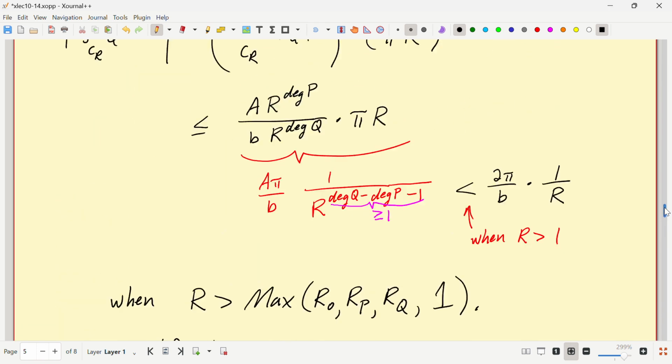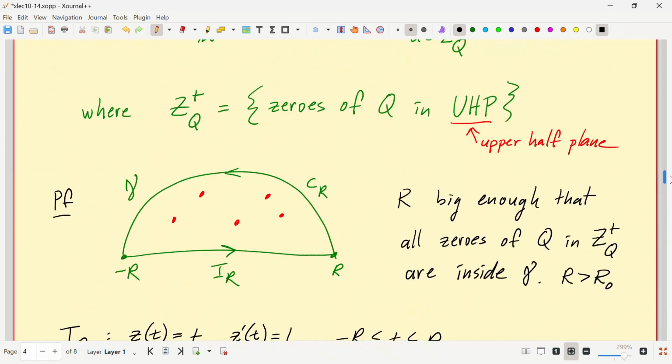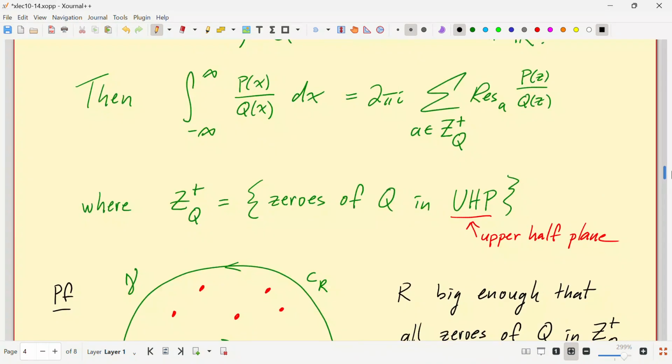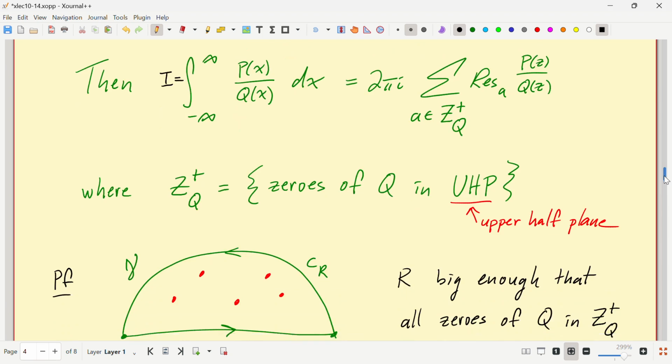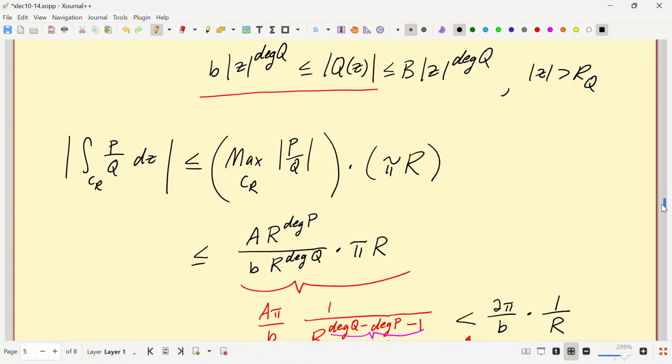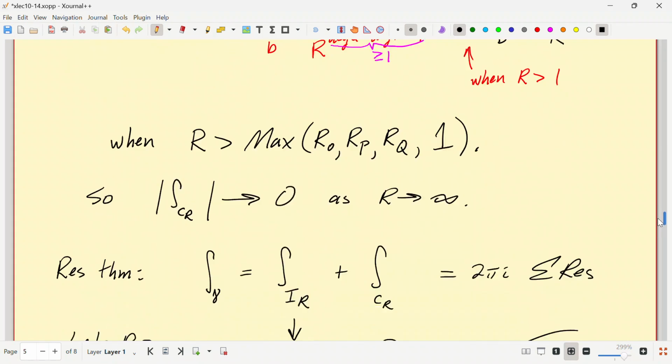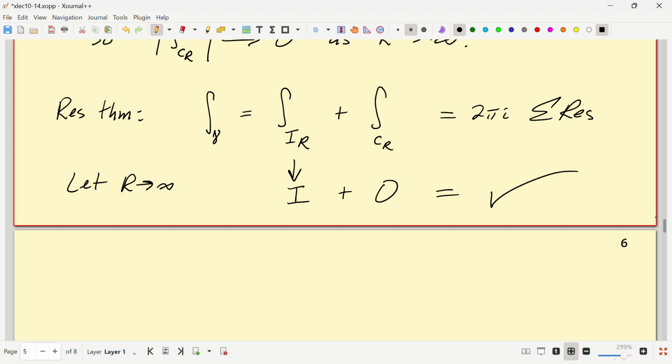So if I was going to do this right, I would go back here. I never wrote down the integral I want. Here it is, I. That's the integral I want. And by the way, the basic polynomial estimate shows that the integral decays like 1 over x squared for big x. That integral converges.